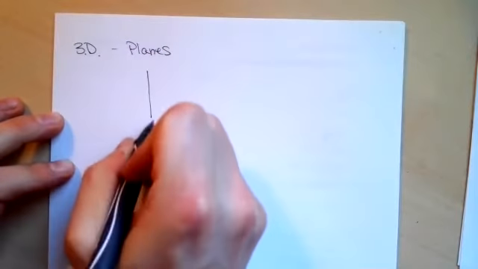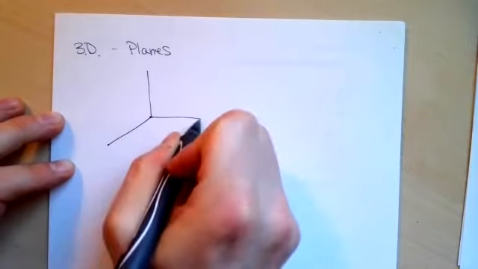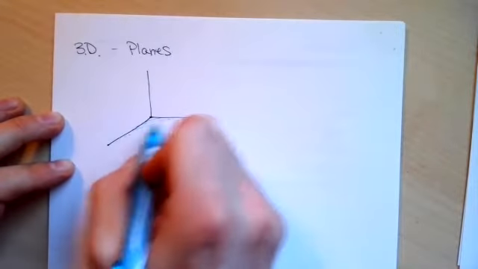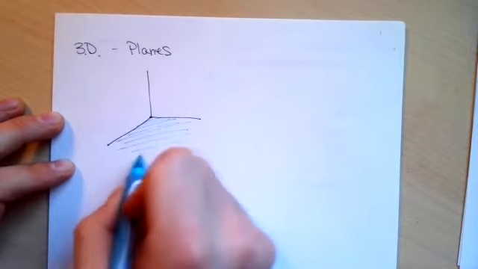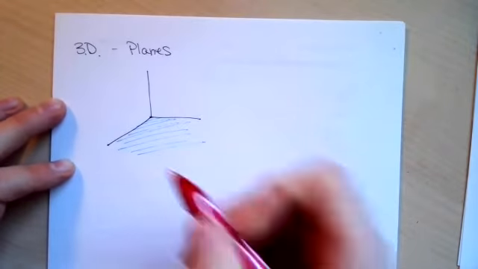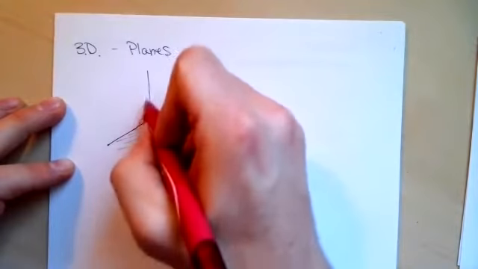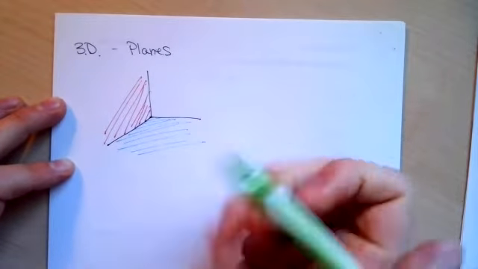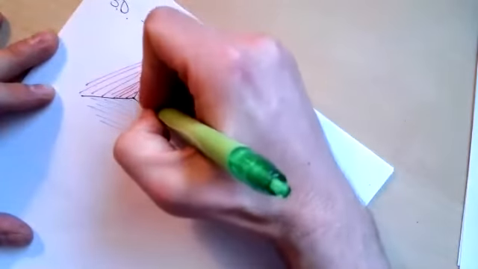And so what we are looking for in 3 dimensions are the intersection of planes. So for example, we could have the xy plane, the xz plane, and then maybe the yz plane.